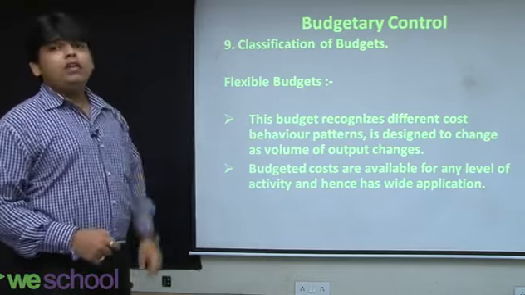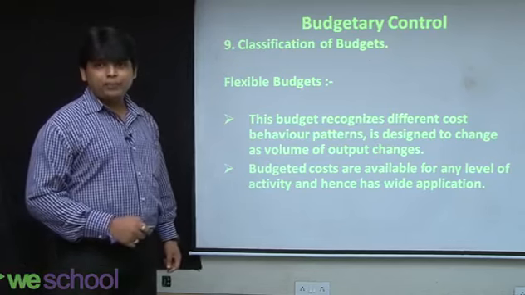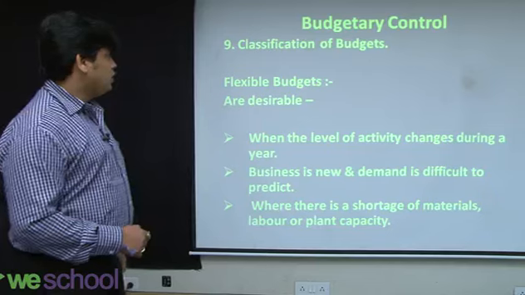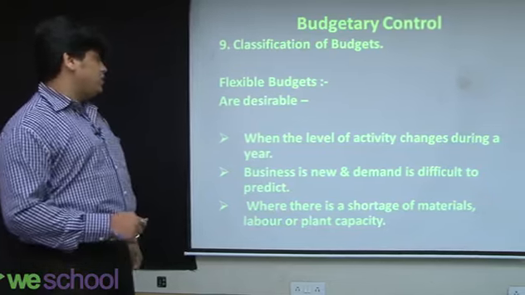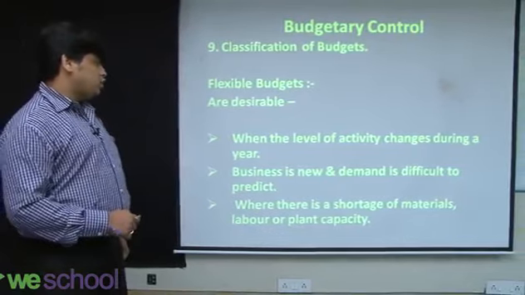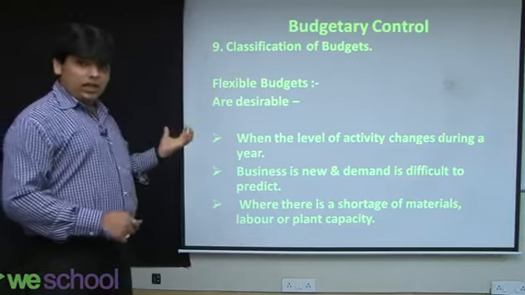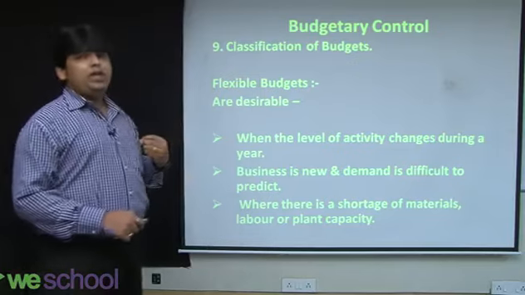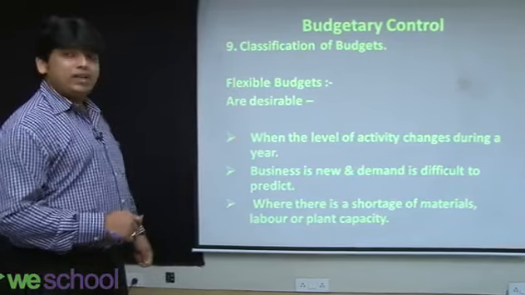By comparing them, we can fix the level of activity suitable for the company. When the level of activity changes during a year, when business is new and demand is difficult to predict, or where there is a shortage of material, labor and plant capacity, all that information we get only by preparing flexible budgets.